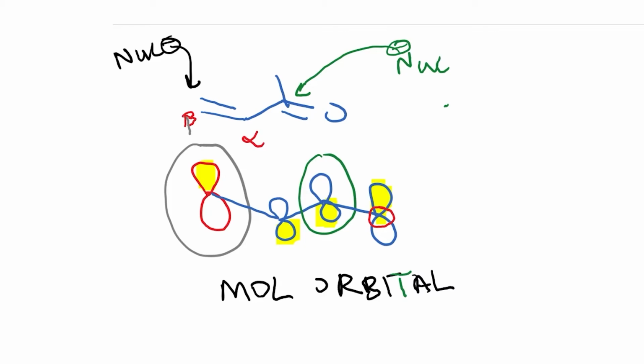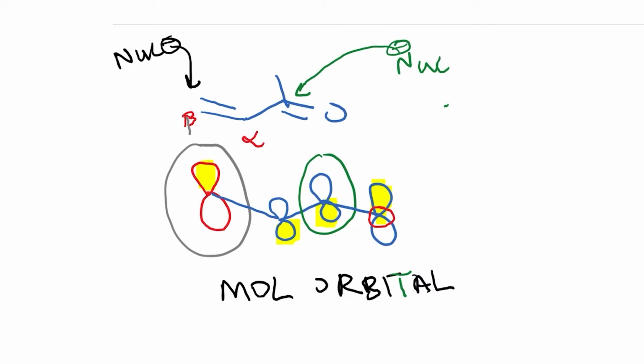From a molecular orbital picture, there's nothing preventing the attack happening on either of these carbons, although it is much more favored from an orbital standpoint to attack at the beta position. We'll get to some of these questions later in the lecture.